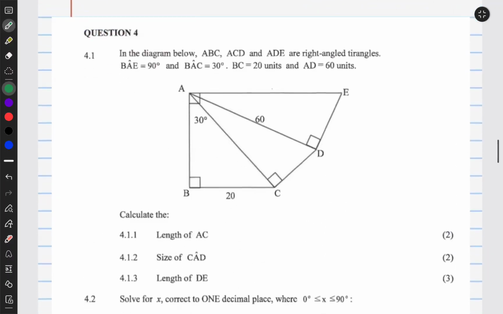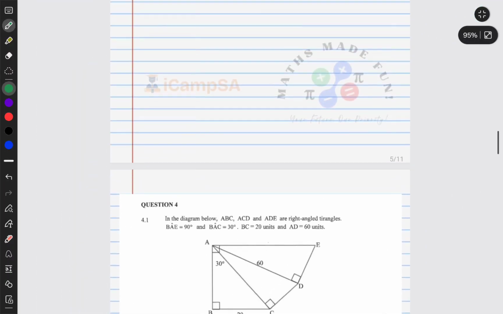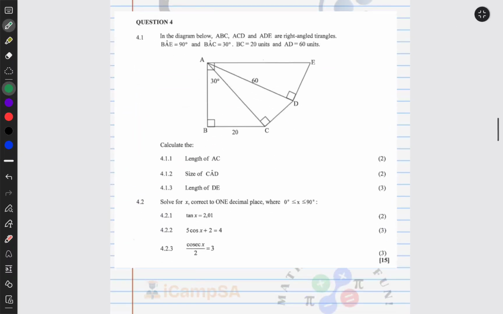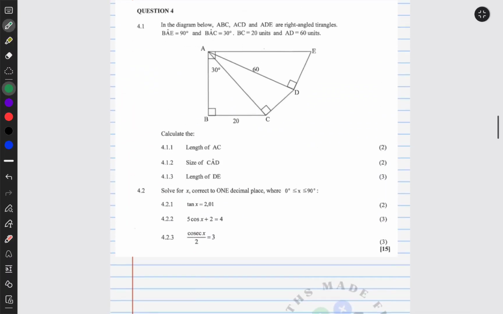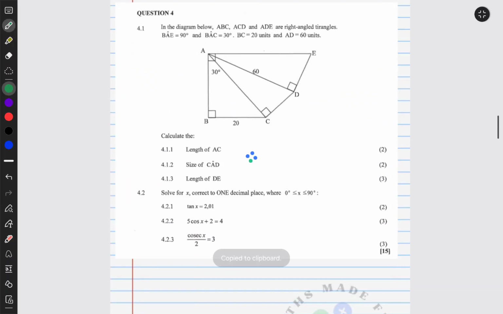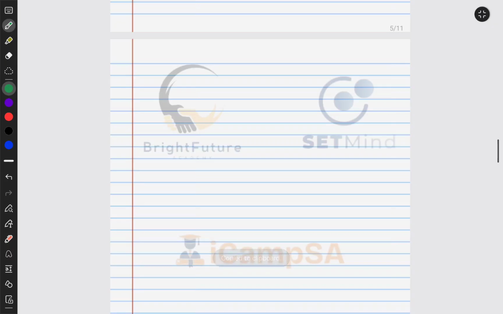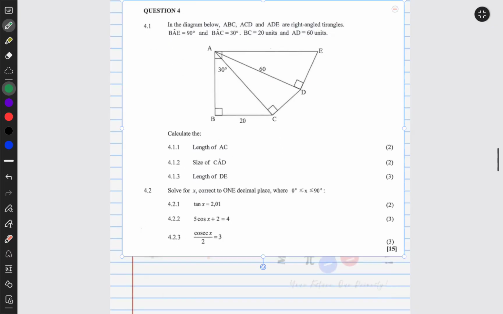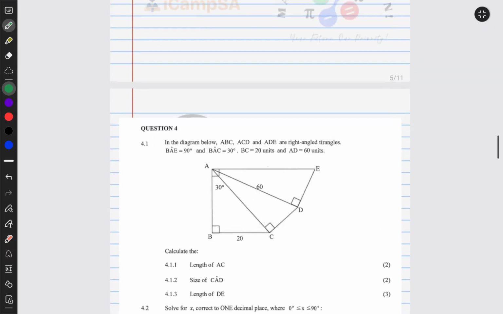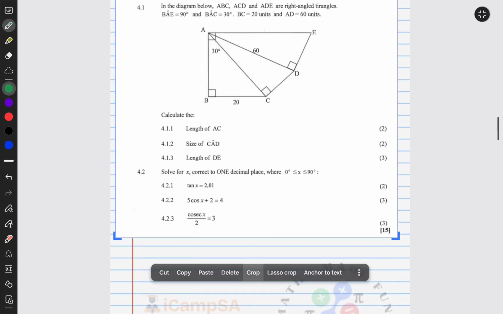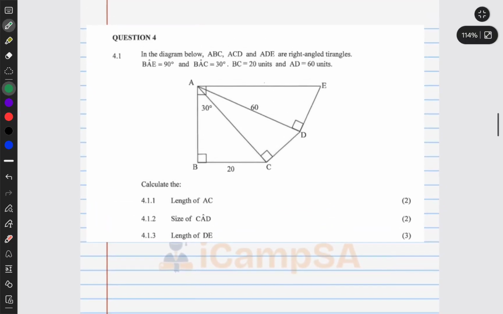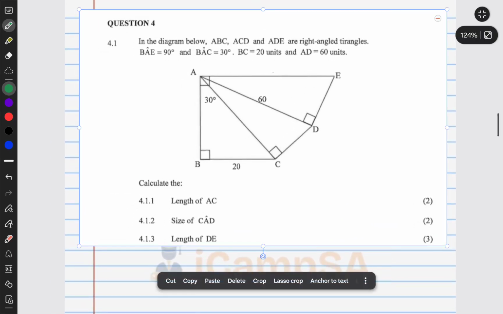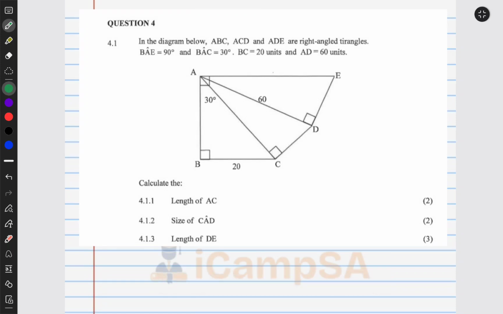Let's go to question 4. For question 4.1, in the diagram, ABC, ACD, and ADE are right-angled triangles.